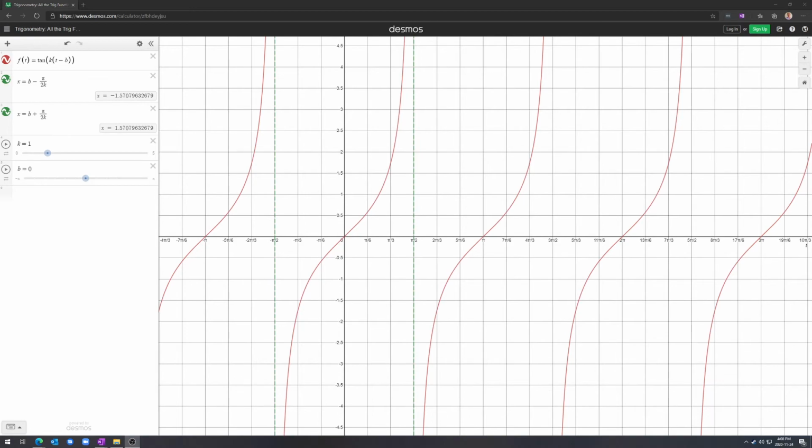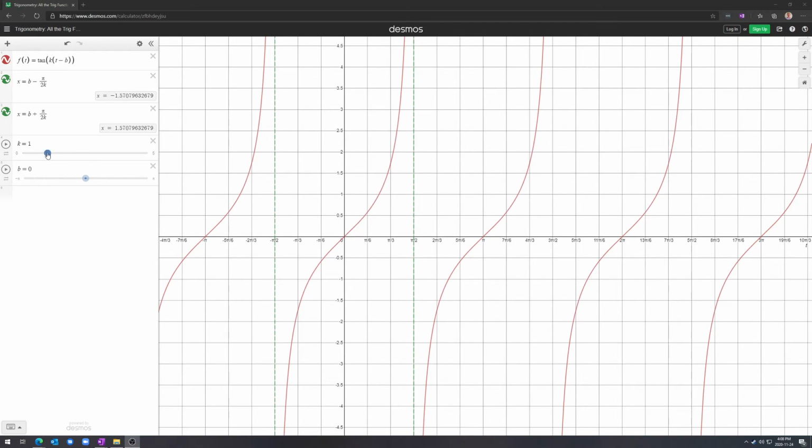I'm not using a in the front because that is changing the amplitude of sine and cosine, but for the graph of tangent, it's merely just a vertical stretch. It doesn't really have any meaning about amplitude. You can see I've included two vertical dashed lines here to indicate those asymptotes at -π/2 and +π/2. The graph, our red function here, doesn't actually include those lines, but I'm just putting them on there for convenience.